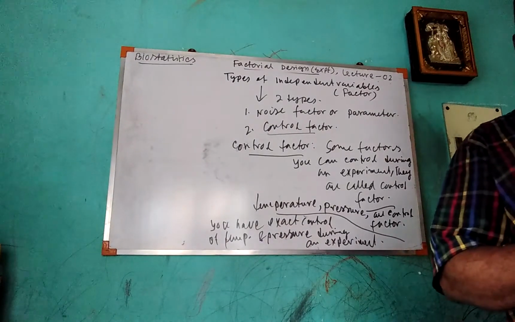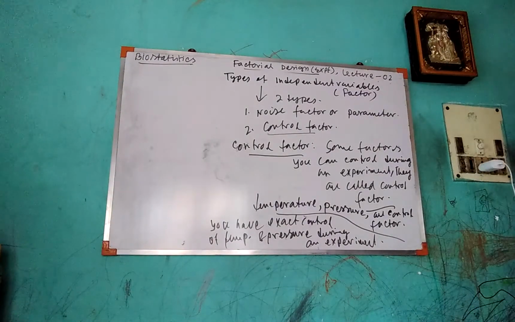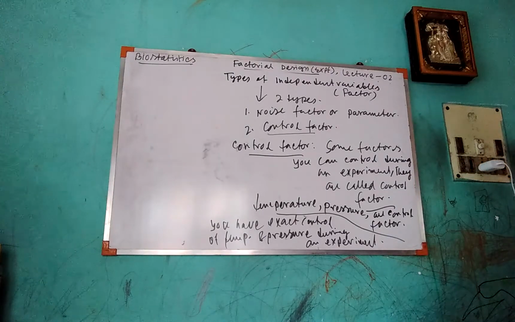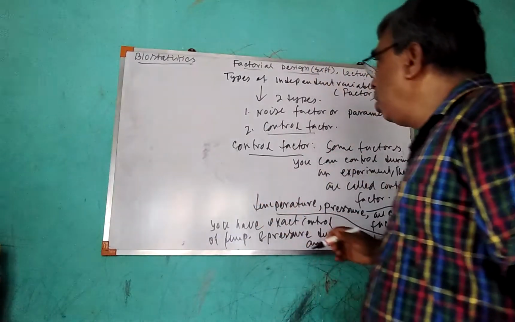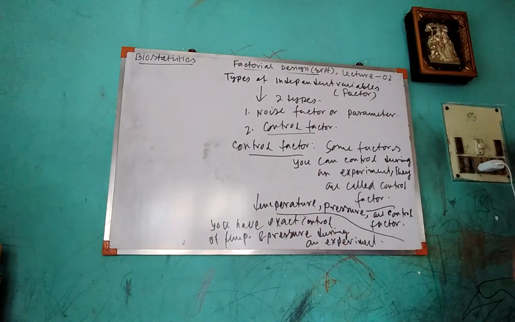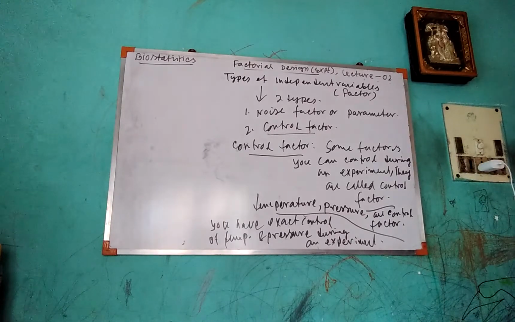Once again, factorial design depends on factors and levels. What is factorial design? Factorial design means when you have multiple independent variables, that is multiple factors, in a single study.